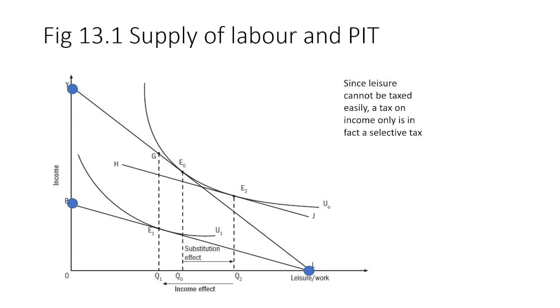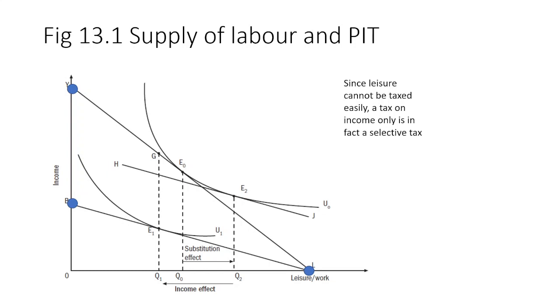So can you see that now the person will only be able to reach utility level 1 at point E1. So the tax on income reduces welfare for the consumer. But what is now very important is to see by how much, what is the effect on work. That's the point in this graph.